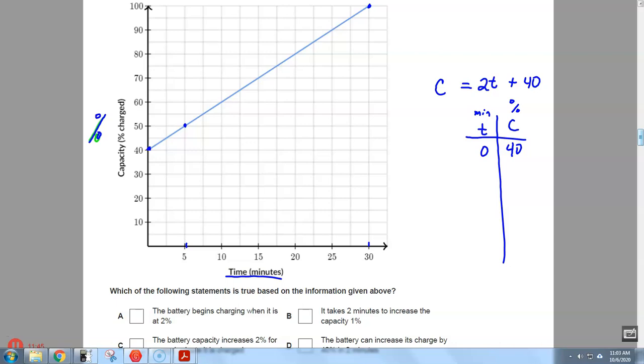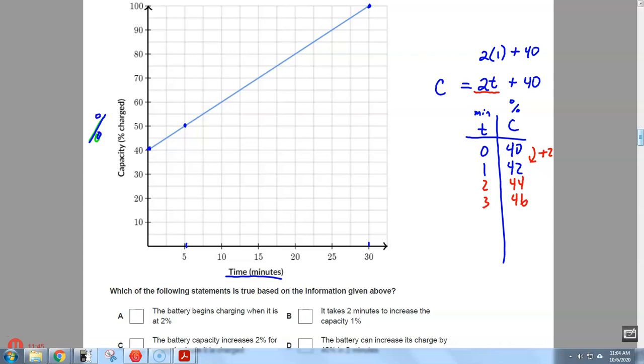If I put 1 minute in there, 2 times 1 plus 40 would be 42. Now I can see the pattern, which I already knew. I saw the slope, and I know that's the rate of change, so I know that's what this C value is going up by. It's going up by 2. So if I wanted to, I could keep running this table.